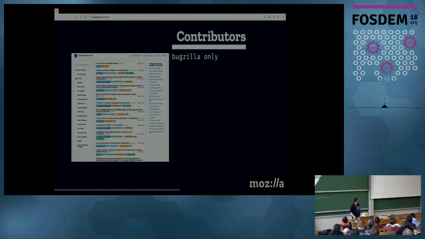So one thing that I want to fix now is the contributors list. On the right, you can see there is a list of people. This is the list of people who fixed bugs on Bugzilla during the last 30 days who are not on the staff. But we also have code which is not on the Mozilla Central repo.